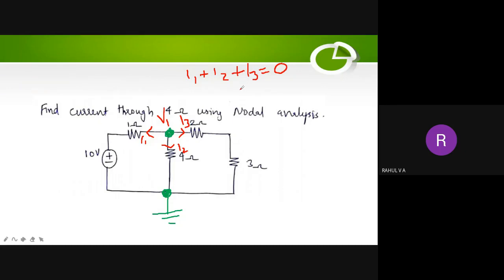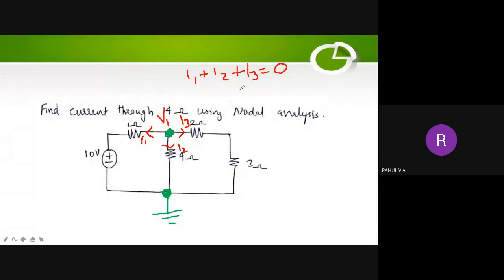Okay, again I will explain. First we have identified the number of nodes. For this particular diagram we identified 4 nodes. In that, 2 nodes are series nodes, we can neglect those. Then we have 2 more nodes, and of those we have considered one node as a reference node, so no need to do any analysis for that reference node.